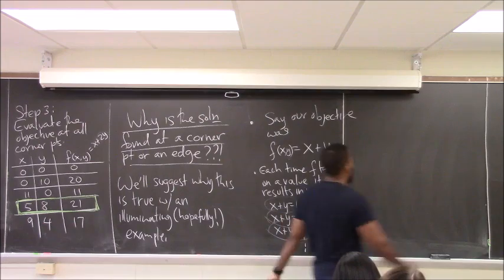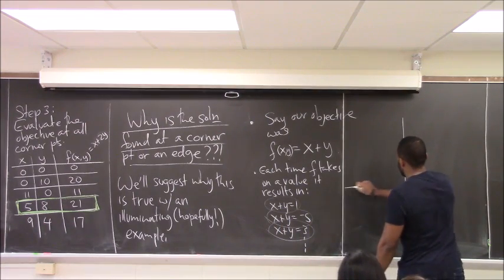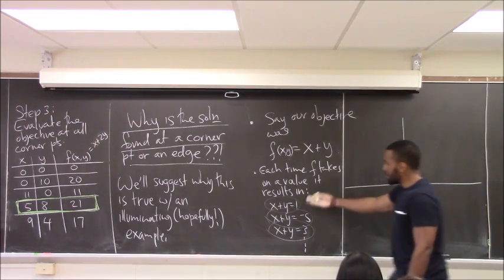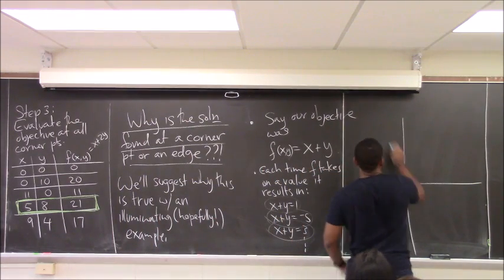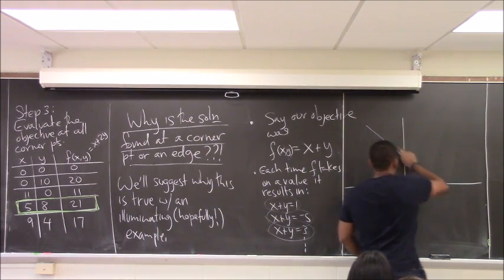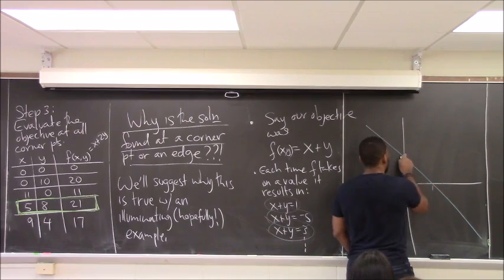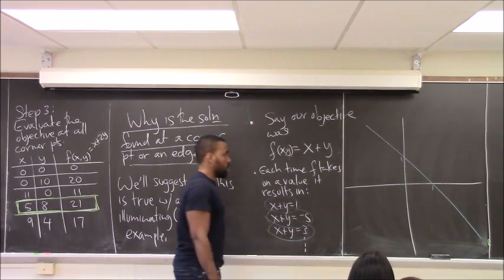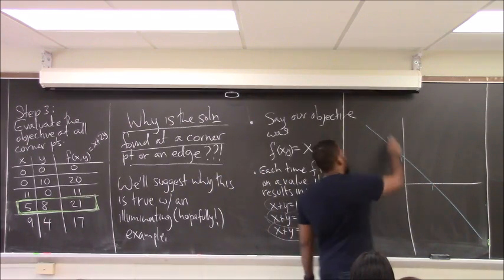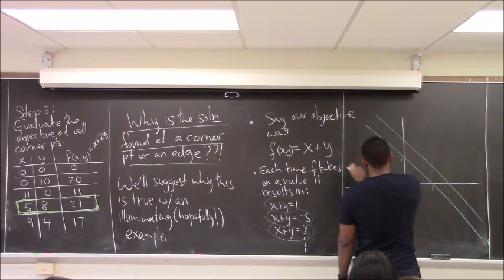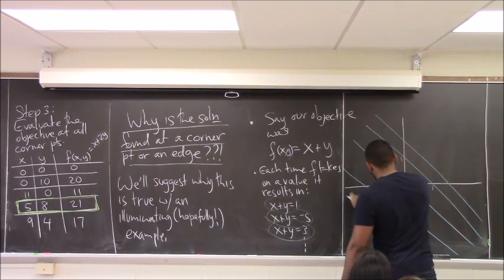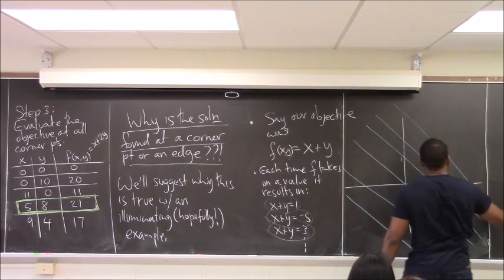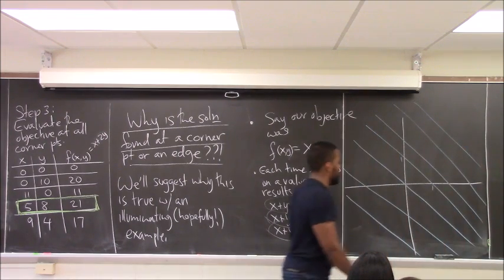So you can imagine that these lines for different values of f are just lines. An example would be x plus y equals 1, or x plus y equals 3, or x plus y equals minus 7. You can, in fact, x plus y equals 0. You can create an infinite number of lines here.